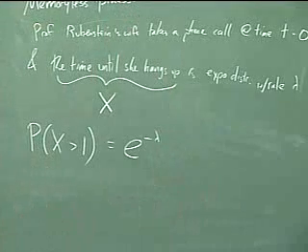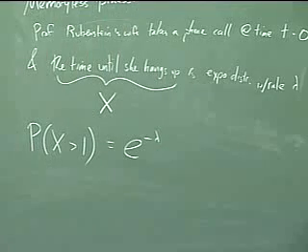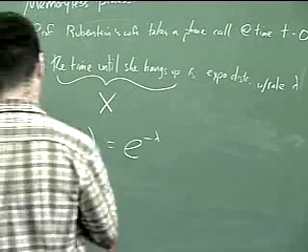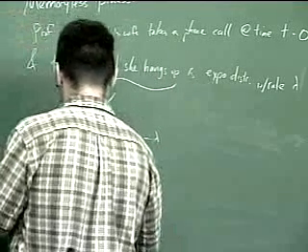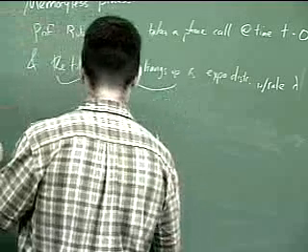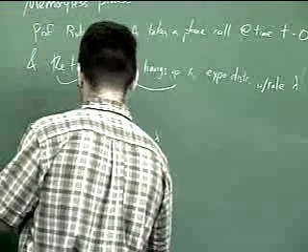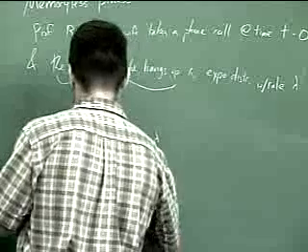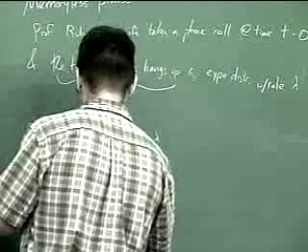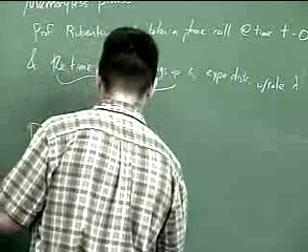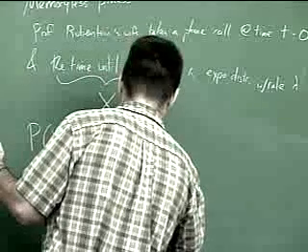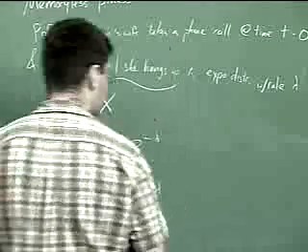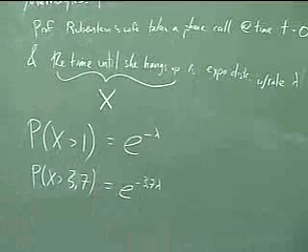So it's just e to the minus lambda. Okay? What's the probability she talks for longer than 2 hours? Well, let's do 3 hours. Let's do 3.7 hours, just to do something kind of weird. e to the minus 3.7 lambda. Right?